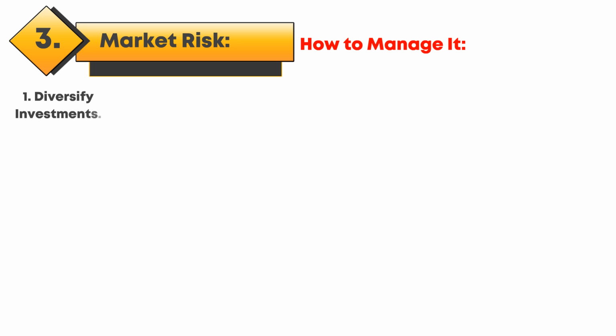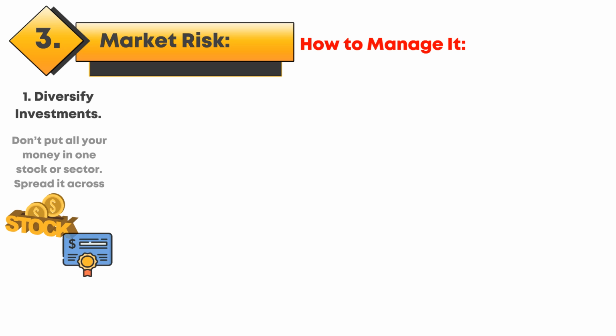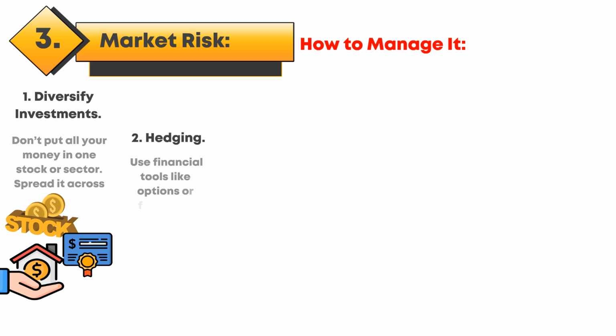First, diversify investments. Don't put all your money in one stock or sector. Spread it across stocks, bonds, real estate, or other assets to reduce the impact of a single market drop. Second, hedging. Use financial tools like options or futures to offset potential losses.